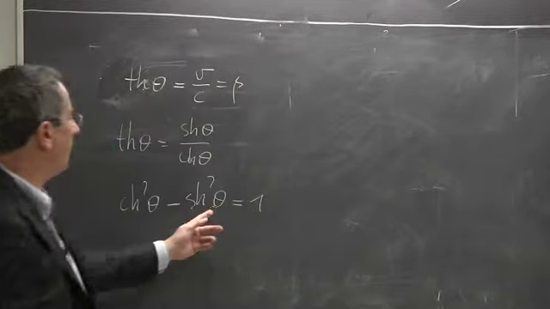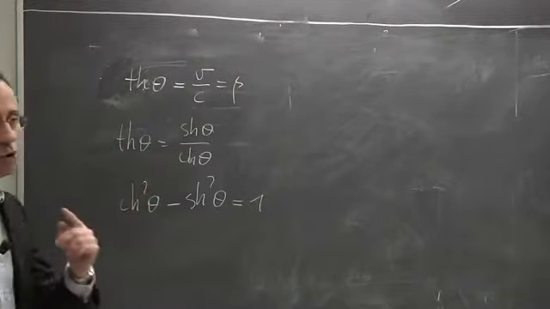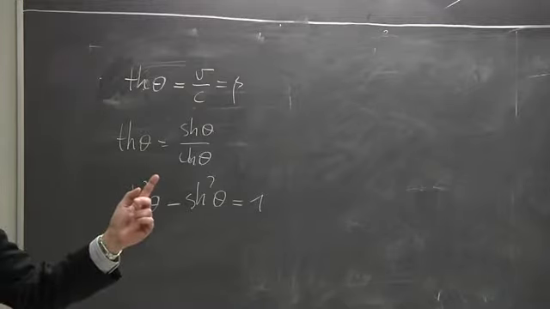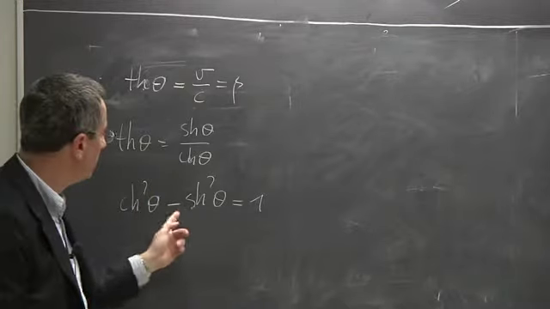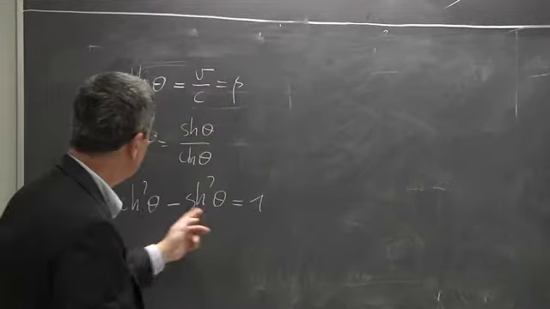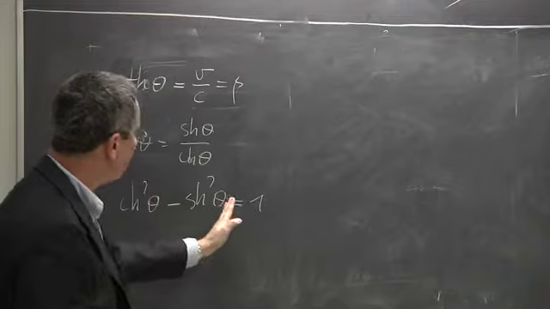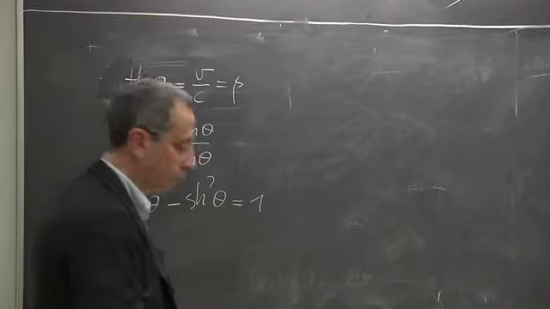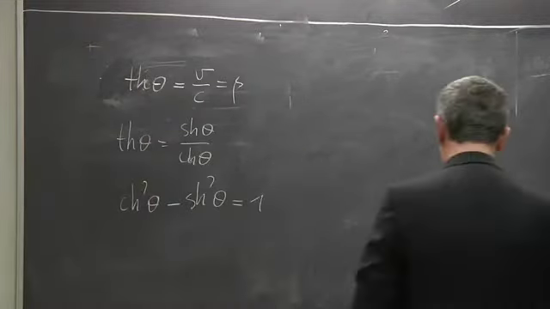Now you understand why I did not use the ordinary tangent. Because of this freaky minus sign in the time component, I need something that looks like this minus that rather than plus. So you have to use hyperbolic functions.